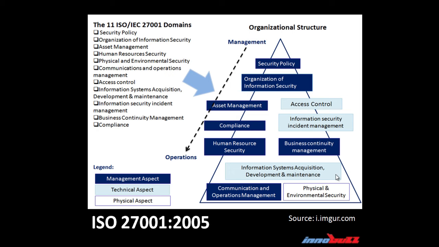The figure seen here demonstrates the aspects of an organization and how the ISO 27001 standard relates to it in order to provide an adequate level of assurance as far as the efficiency of the business processes is concerned.